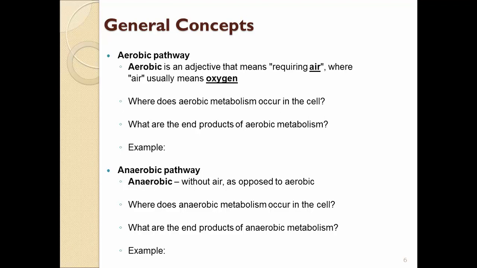So it usually occurs in the cytosol. An example of an anaerobic metabolism pathway is glycolysis, right? Glycolysis of glucose metabolism. It occurs in the cytosol and does not require oxygen, does not require mitochondria.